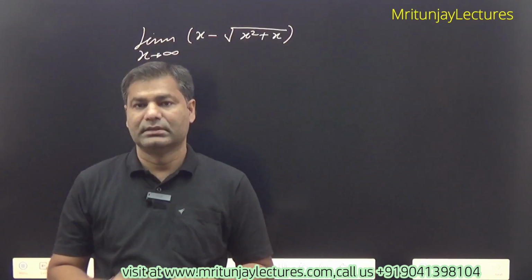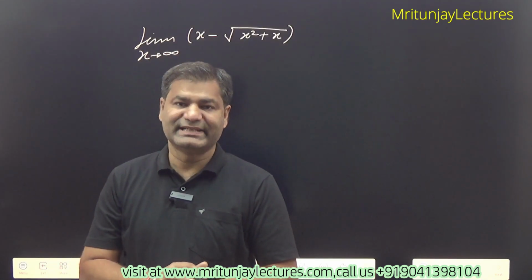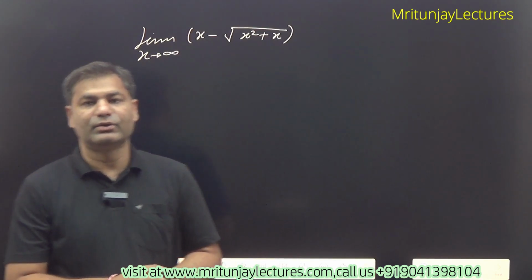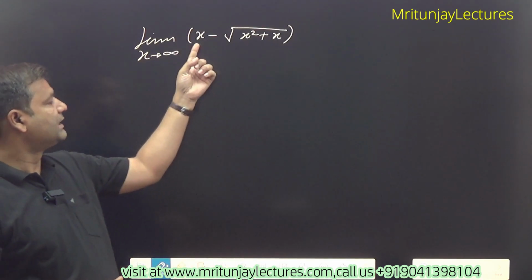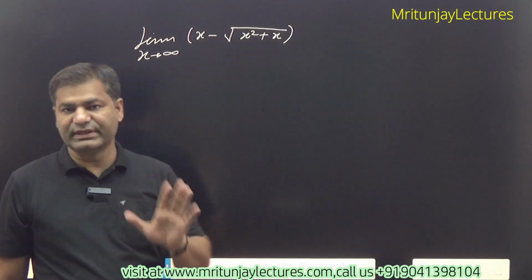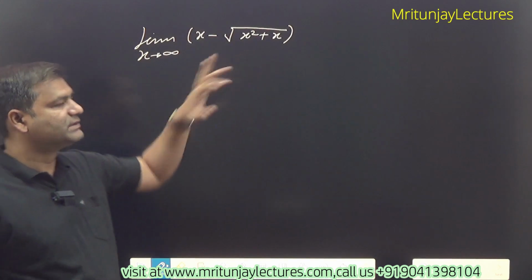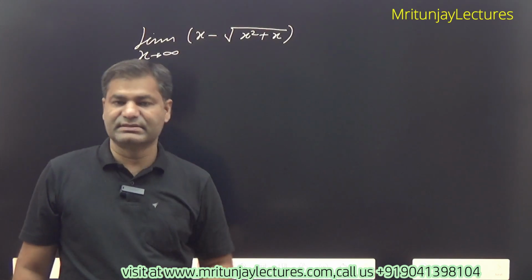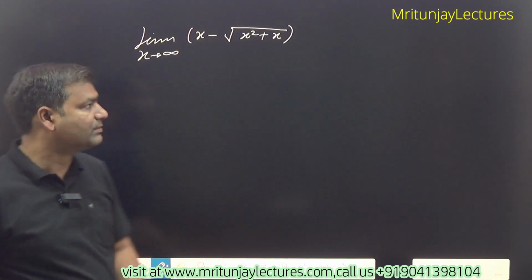Limit x tends to infinity, square root of x minus square root of x square plus x. If we put x equal to infinity, then we get infinity minus infinity. How can we solve this type of problem? Look here.